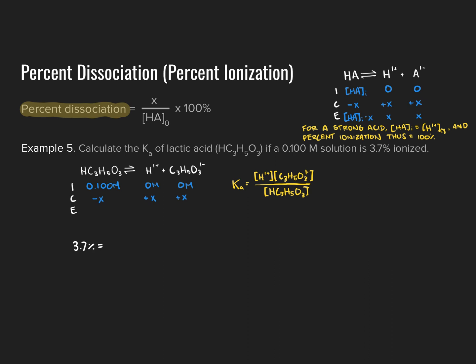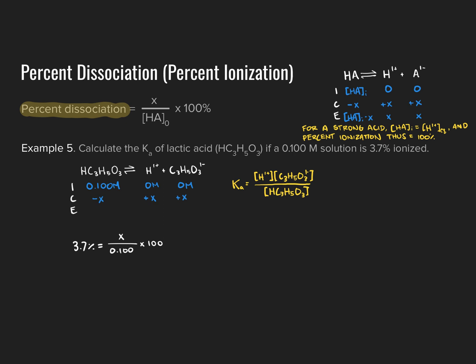And as such, I could write an expression now, that is, my X value from the ICE table divided by the initial concentration of 0.100 molar times 100%, since again this is a percentage, will equal that percent ionization of 3.7%.